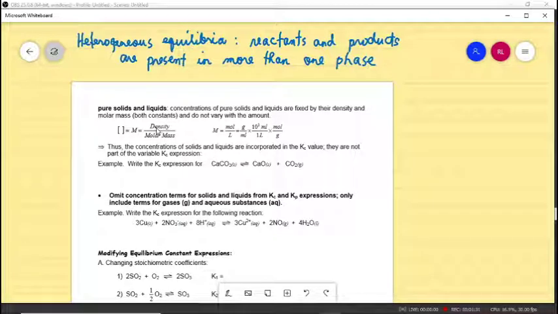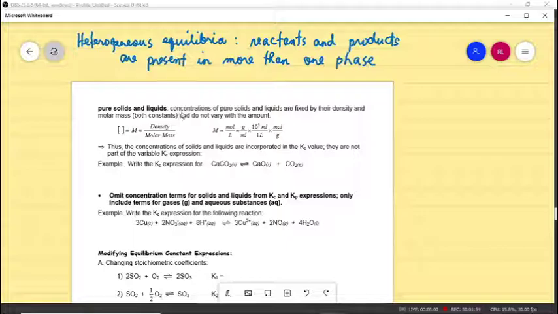Why? Because when you write the equilibrium expression for heterogeneous equilibria, you are not going to include pure solids and liquids. For what reason?